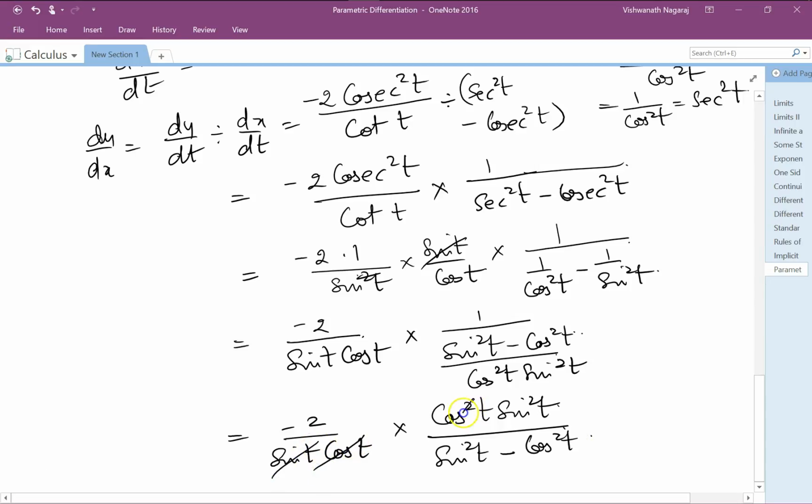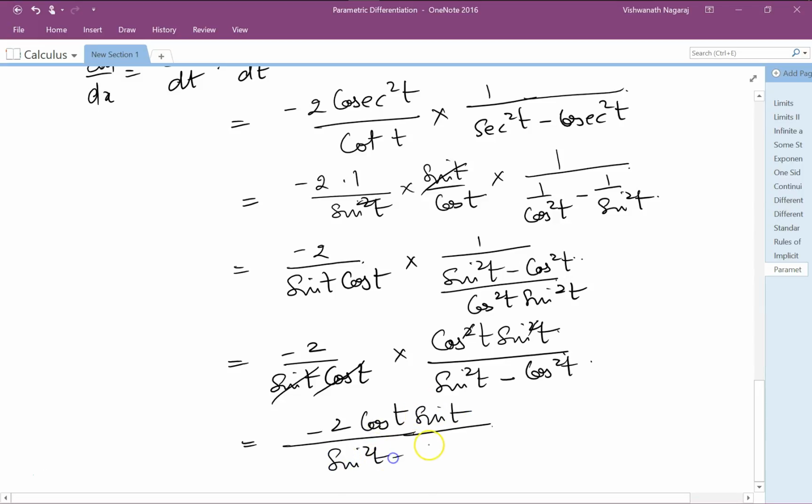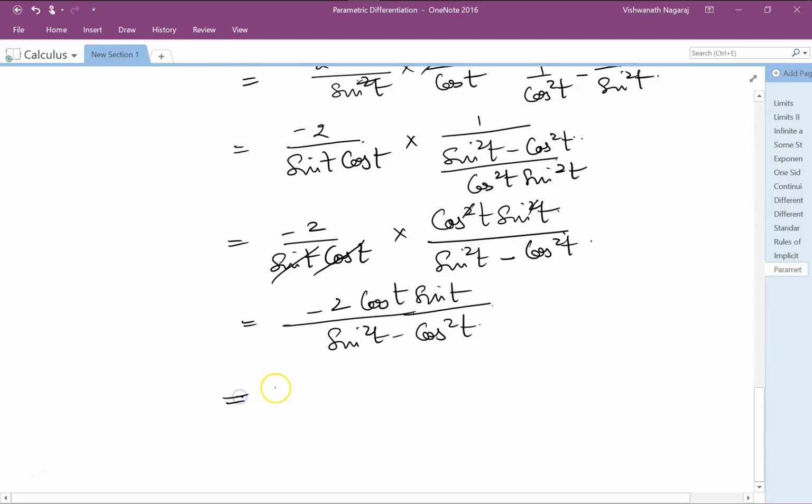This gets cancelled and the squares of these get cancelled. So we are left with minus 2 cos t sin t divided by sin square t minus cos square t. Now again, trigonometric identities. This is minus 2 sin t cos t.